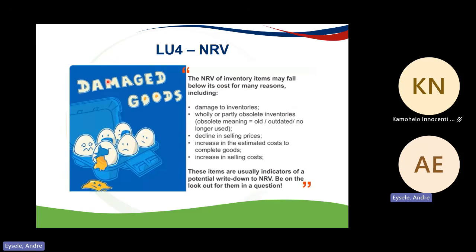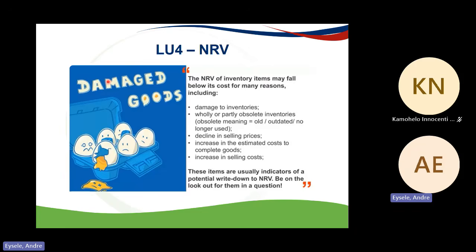Colleagues, let's look at why there can be an NRV write down. The NRV of inventory items may fall below cost for many reasons: damage to inventories, such as a flood affecting perishable items, or inventories being wholly or partly obsolete or outdated. There may be a decline in selling price, an increase in the estimated cost to complete goods, or an increase in selling costs.